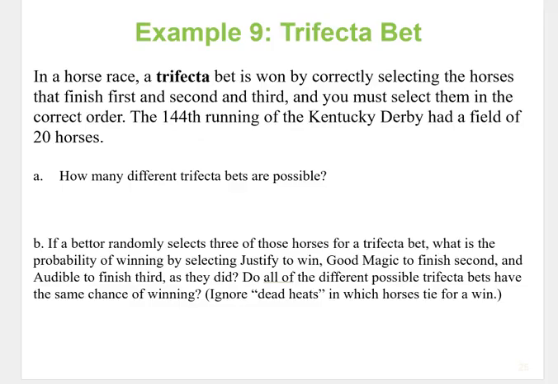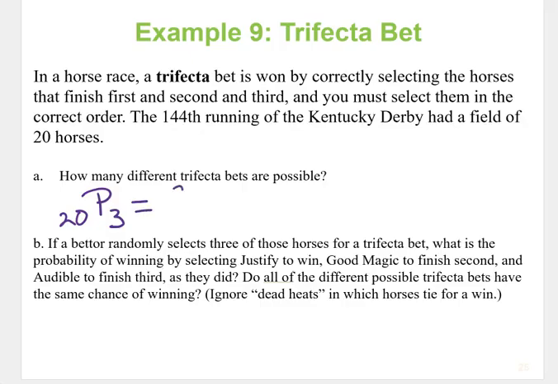First of all, it says the 144th running of the Kentucky Derby had a field of 20 horses. So if there's 20 horses, how many different trifecta bets could you place that are unique to win the race? Because order matters, this is going to be a permutation. So we have 20 horses, and we want permutations of just those 3 places, first, second, and third.